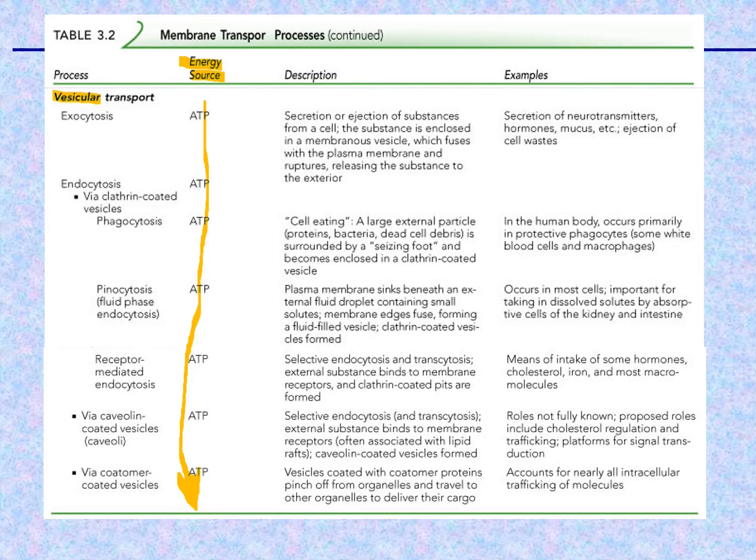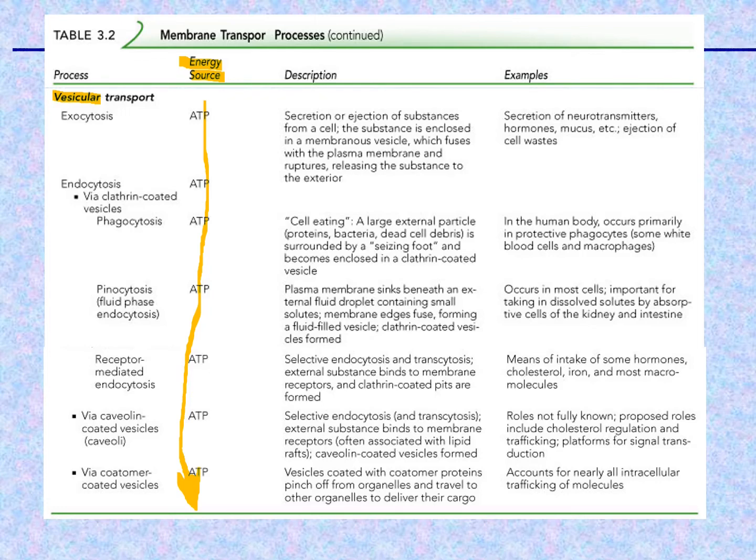Vesicular transport involves the movement of either molecules solubilized in fluid, or solid structures, that are surrounded by a phospholipid bilayer vesicle.